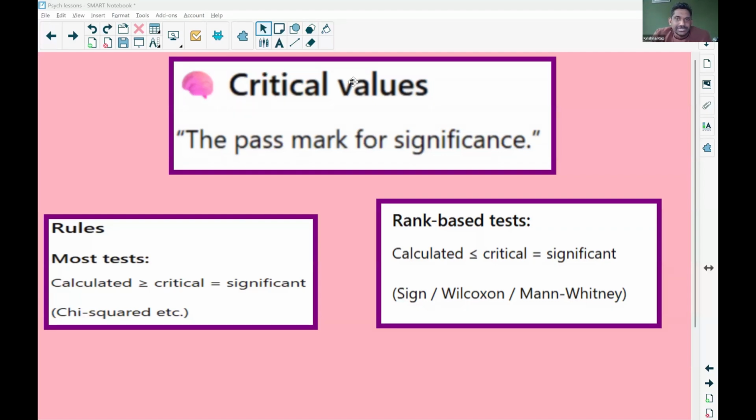For rank-based tests, what you calculate has to be less than the critical value to be significant. So that's for a sign test, the Wilcoxon or Mann-Whitney, which we'll go into a bit later. But again, you only need to be able to calculate the sign test.